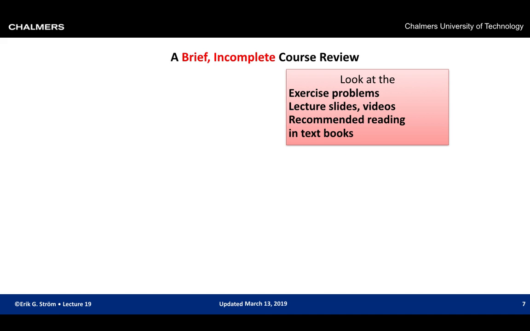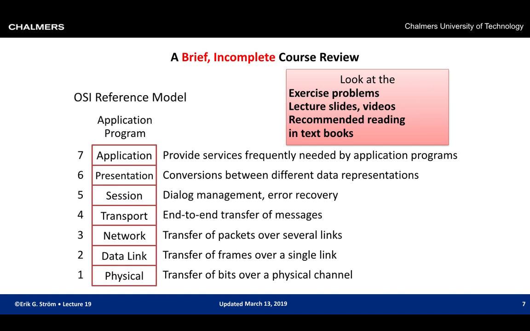Okay, so let's dive into the material here and see what we end up with. At the core of the course, I would say, is the idea about layers, protocols and services. This is how we specify and how we think about communication systems.